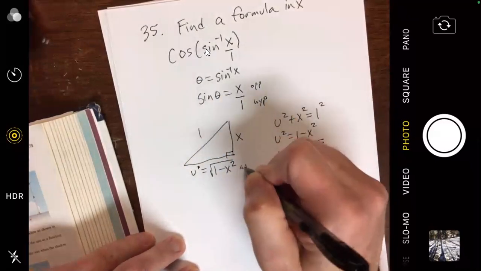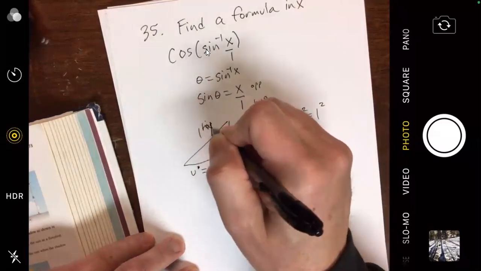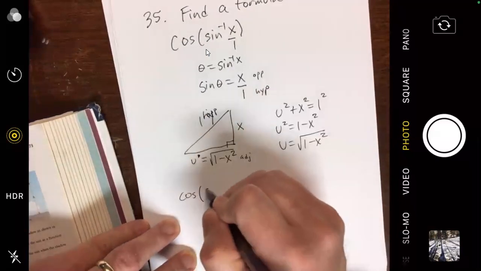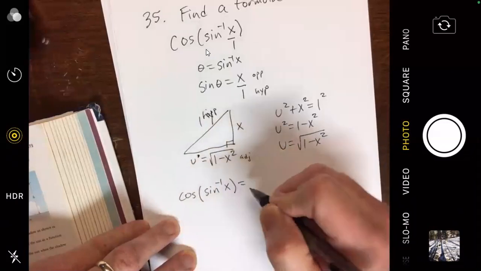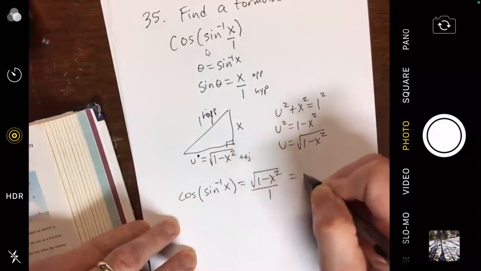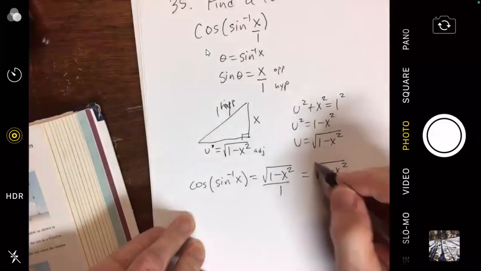This is adjacent, this is hypotenuse. So your cosine of an arcsine of X is the square root of 1 minus X squared over 1, which is just the square root of 1 minus X squared.